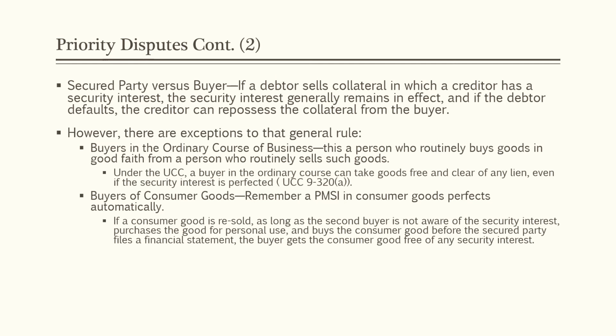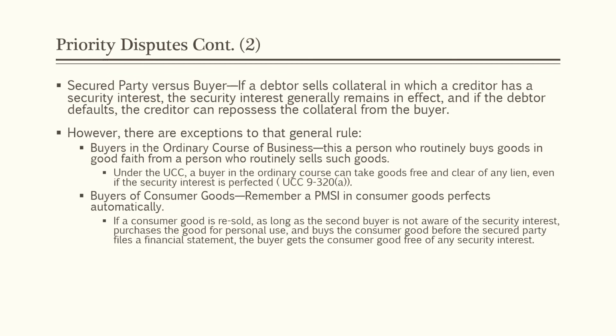Now, even though purchase money security interests in consumer goods perfect automatically at the time of the loan and sale, in order to prevail against a third-party buyer who buys a consumer good for personal use, the creditor still has to file a financing statement to win. In real life, that doesn't often happen.